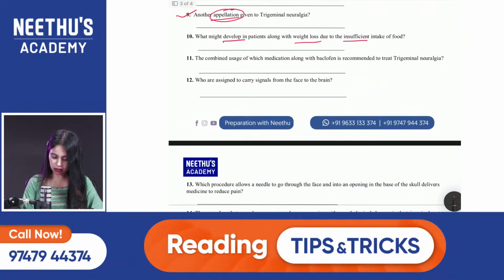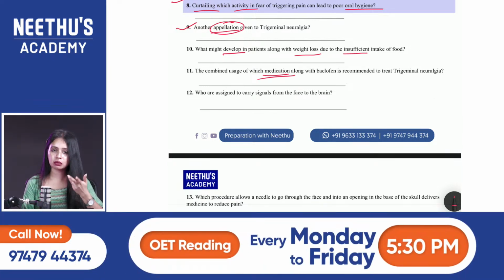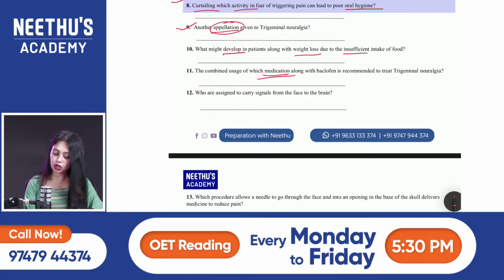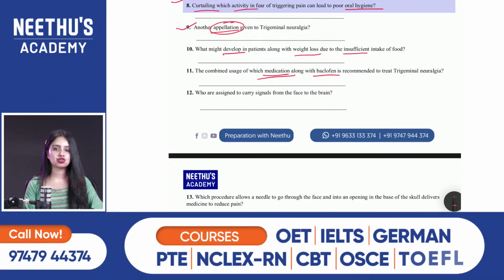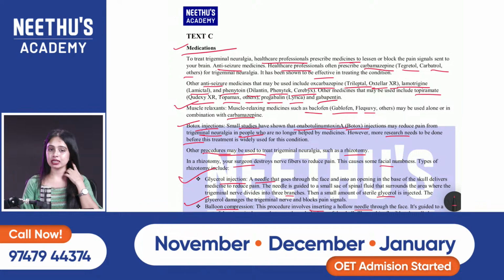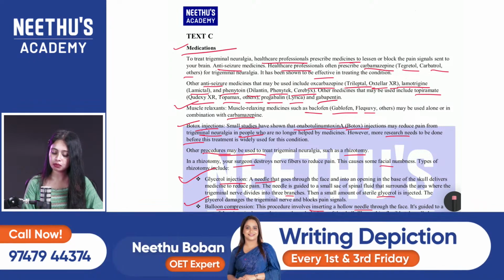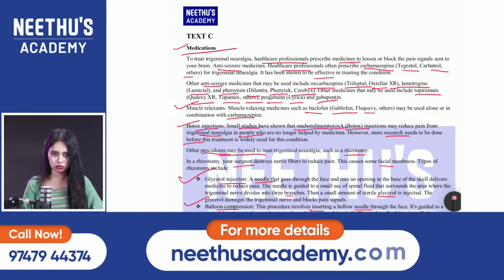All right, then the eleventh one: the combined usage of which medication along with baclofen? That is the question. The name of the medicine is mentioned in text C, a set of medicines. Very good. Yes, Vineet. Carbamazepine. Please be careful about the spelling: carbamazepine.